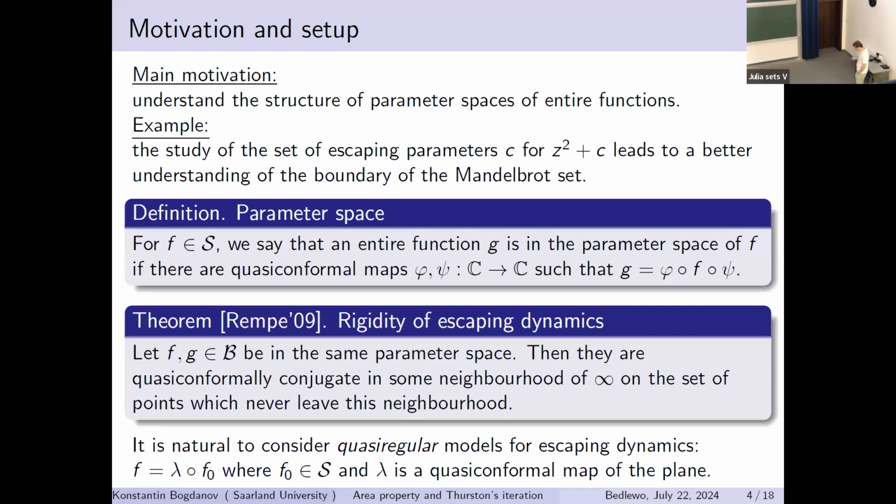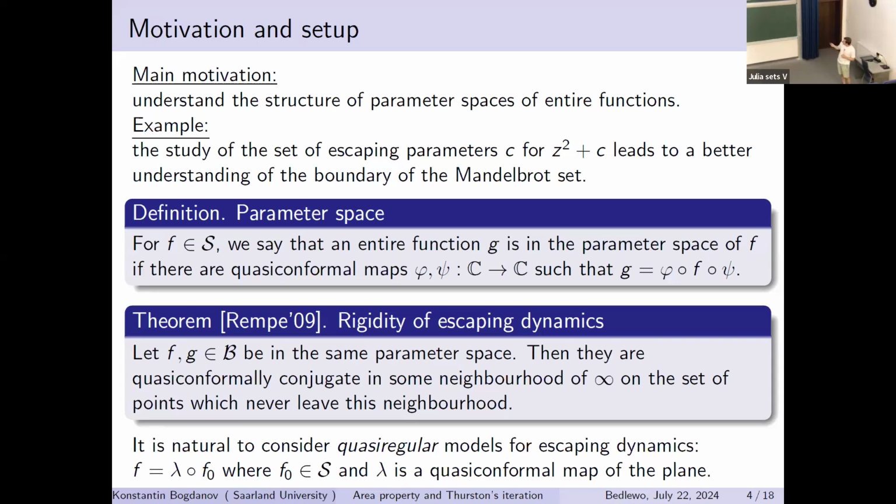So if we want to do this Thurston iteration for transcendental entire functions, and especially for escaping singular dynamics, we could just take, as in Thurston's classical theorem, a topological branched covering and try to work with it. But again, there are problems even on the level of the definition.